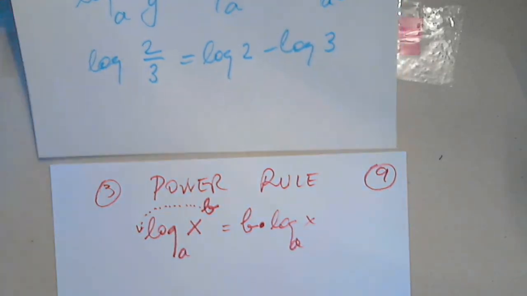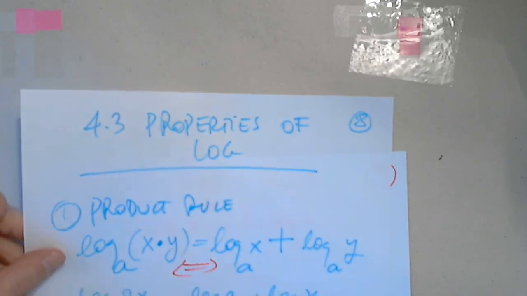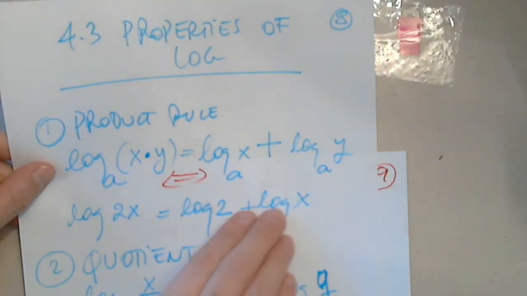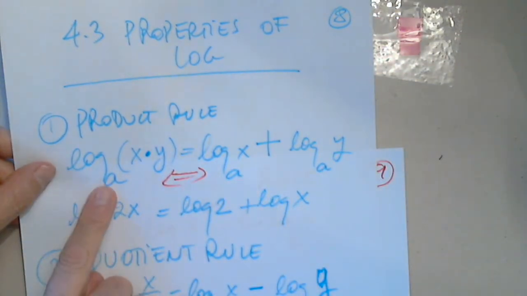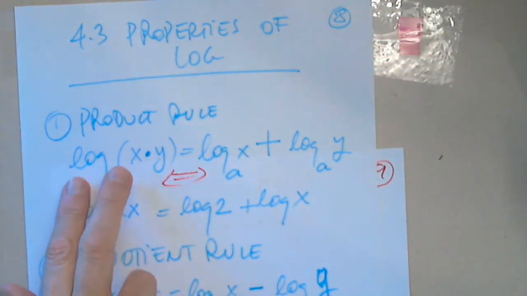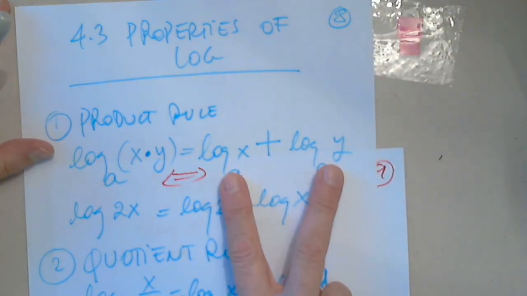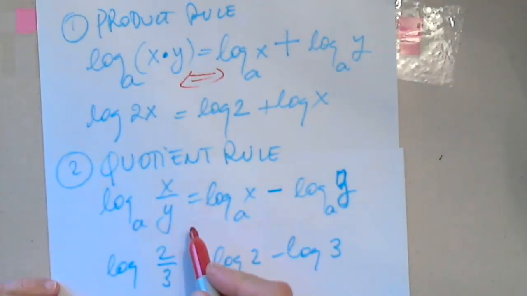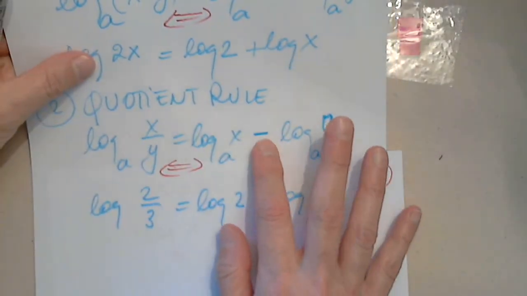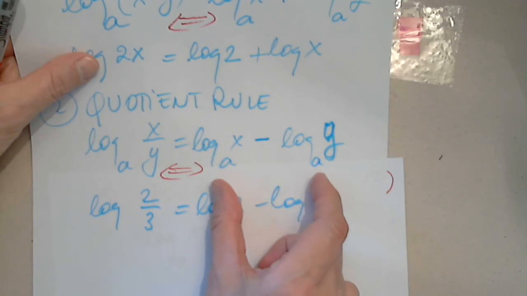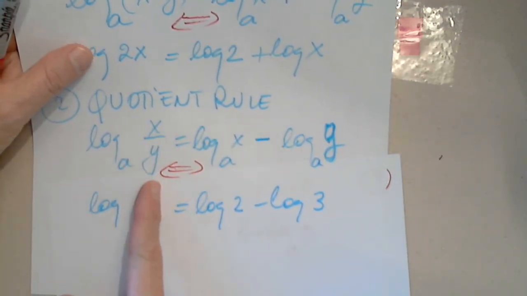Now, all these rules go back and forth. What does that mean? If I'm given the sum of 2 logs, it comes from this. I can condense it into this. If I'm given log of a product, I can expand it into 2 logs. Same thing with the quotient rule. So if I'm given a difference of 2 logs in the same base, I can condense it into log base A of x over y.